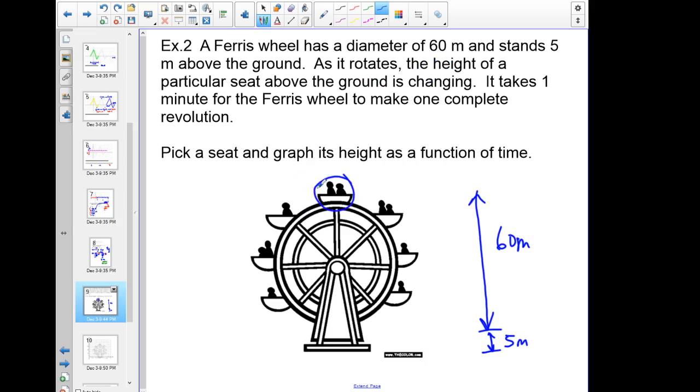If we looked at these people, and I'm just arbitrarily choosing the direction that it looks like they're facing, they're going to start at a maximum and then go down to a minimum and then back to a maximum again. It takes 1 minute for the wheel to make one complete revolution. And that's telling us that the period is 1 minute.